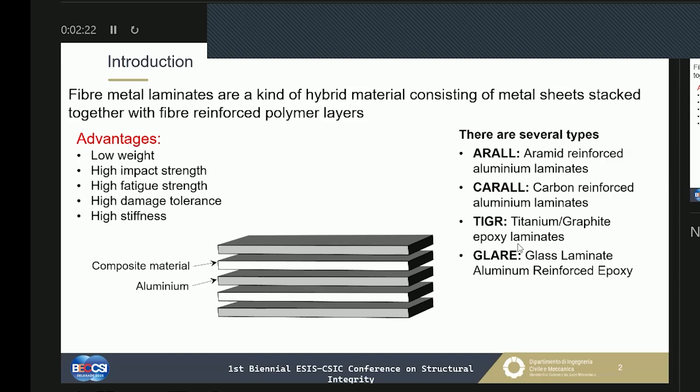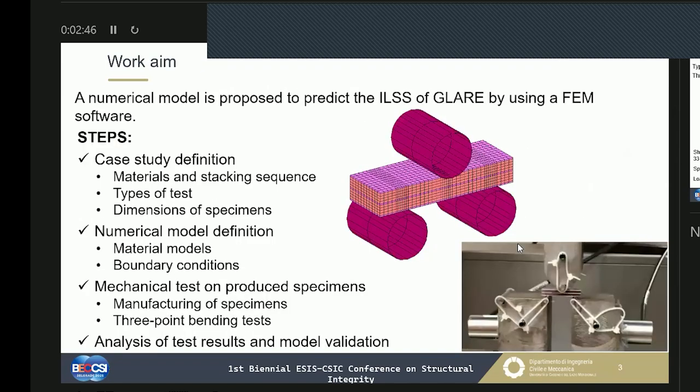And also by changing the metal, if we introduce another lightweight alloy like the titanium, we have the Tigre that is a hybrid FML based on titanium and polymeric carbon. We will focus our attention on the glare.